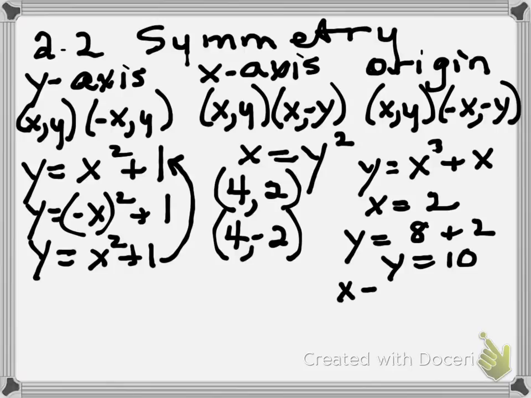If I substitute in negative 2, I have negative 2 cubed, which is negative 8, plus a negative 2. I'm getting negative 10. So if I have the point (2, 10) on the graph, the point (-2, -10) is also on the graph. So that's going to have symmetry with respect to the origin.